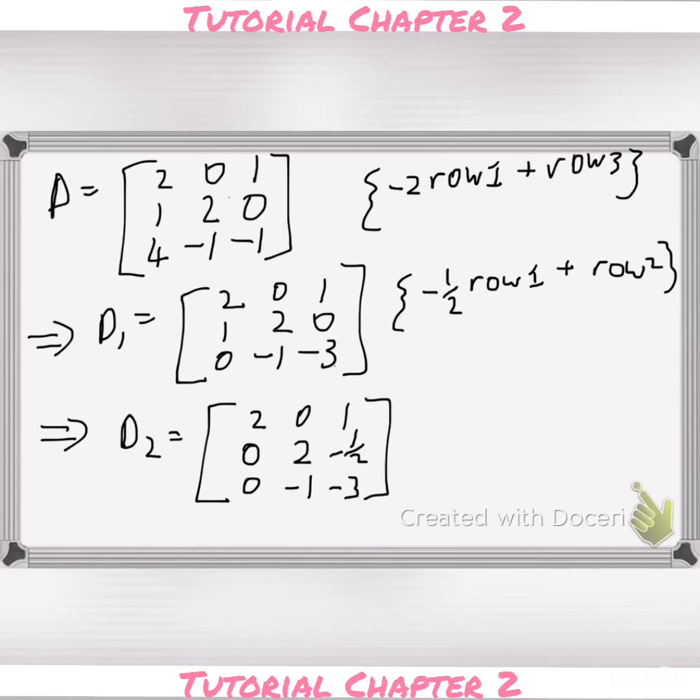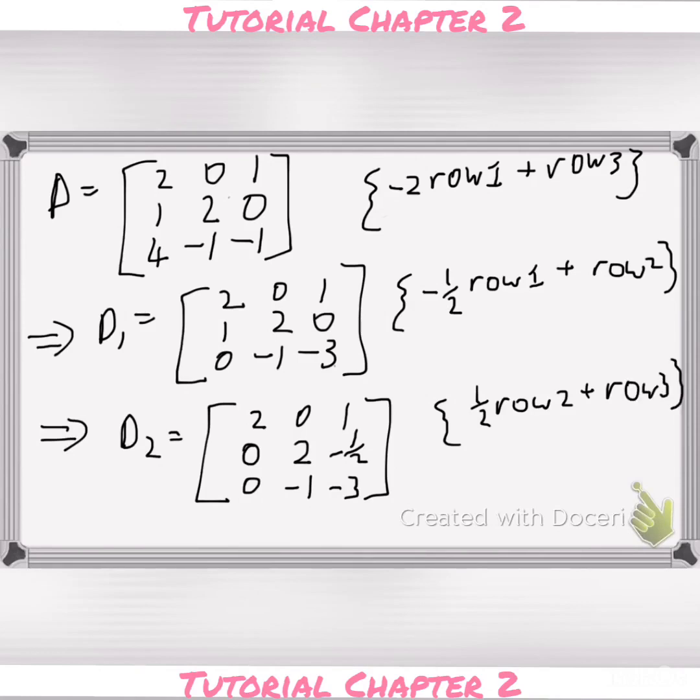Okay, then I'm going to perform another operation, and I'm going to take a half multiplied by row 2, and I'm going to add that to row 3.